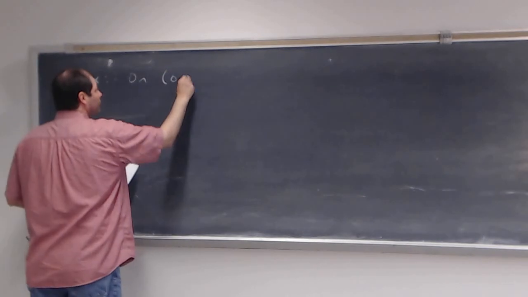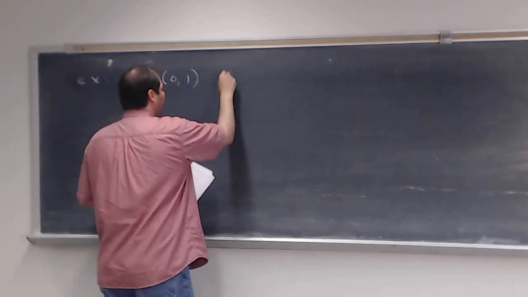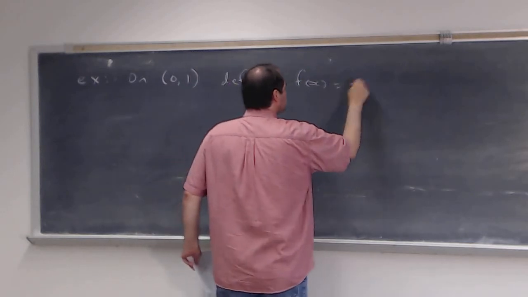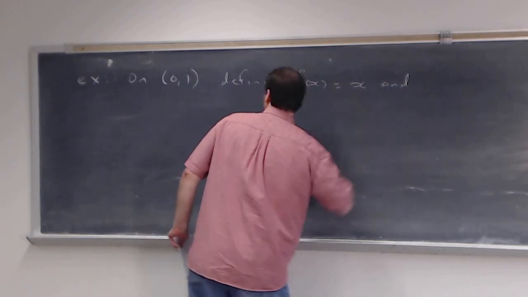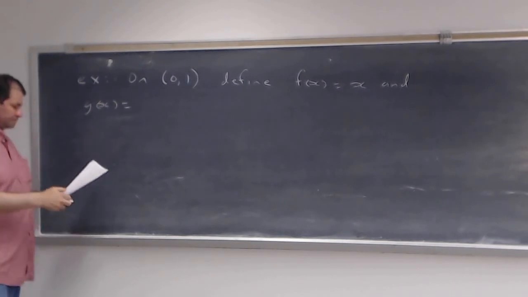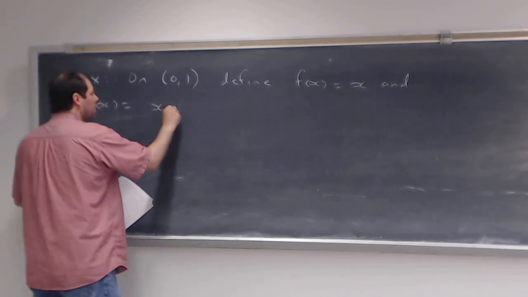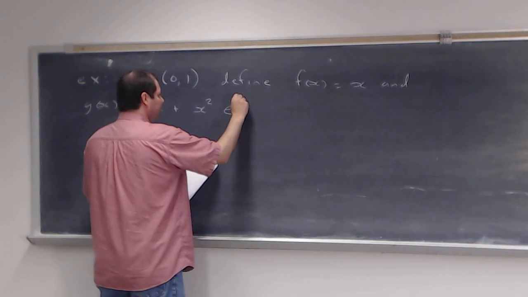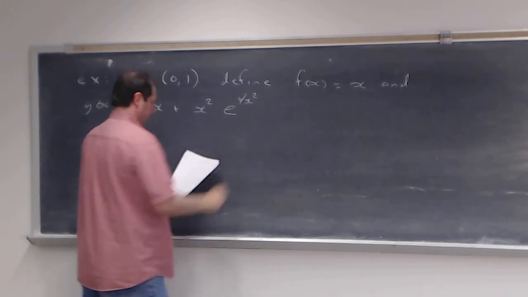On the open interval from 0 to 1, we define f of x equal to x and g of x equal to x plus x squared times e raised to the i over x squared.